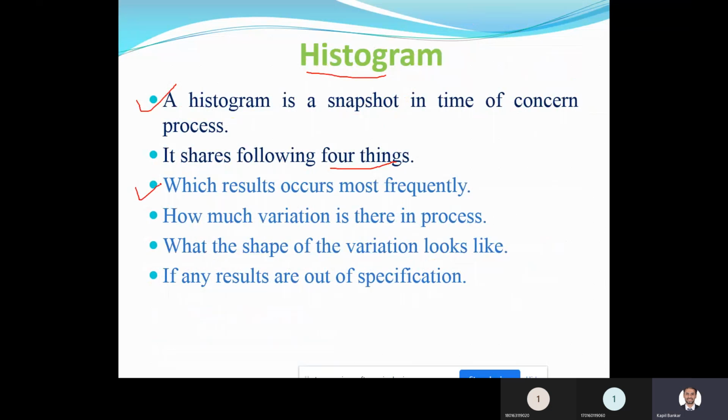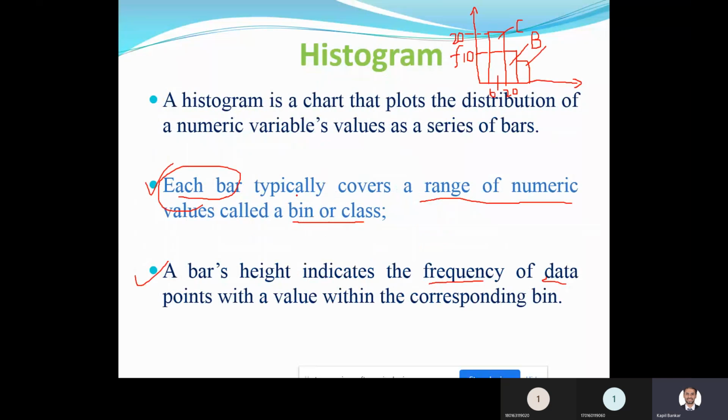the histogram shows which results occur most frequently. Suppose on the previous diagram, in the data, this event occurs most frequently, meaning 20 times.